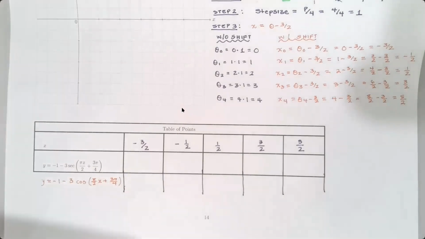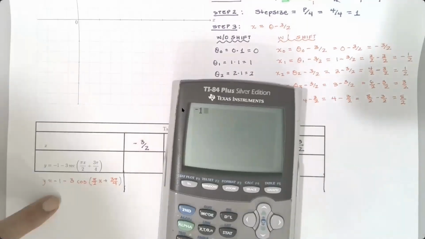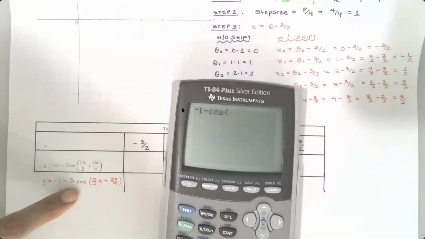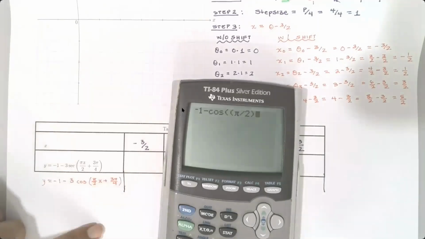So for the reference values, we've got negative 1 minus 3 times cosine of pi over 2. I'm going to enclose the pi over 2 in parentheses to make sure that gets computed as one fraction.